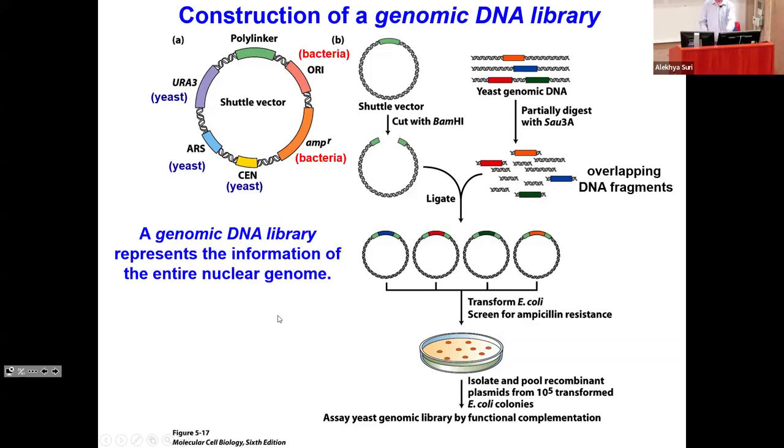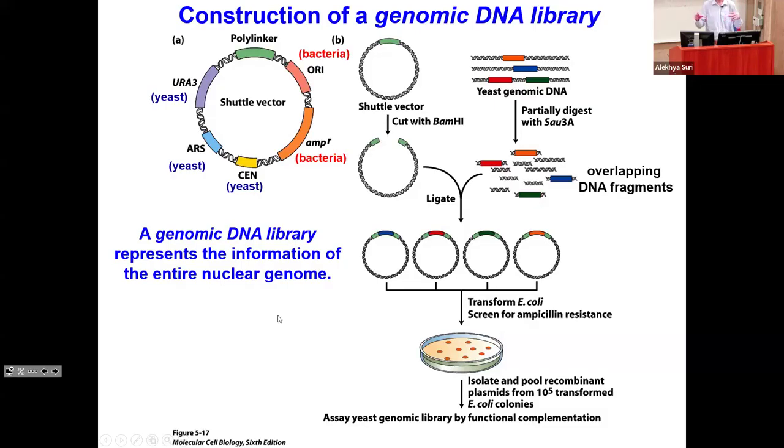And you would put these digested DNA fragments of a genome into plasmid DNA. This is also yeast specific, but what you see here, you have hundreds of plasmid DNA molecules and they may contain different DNA fragments from the genome.